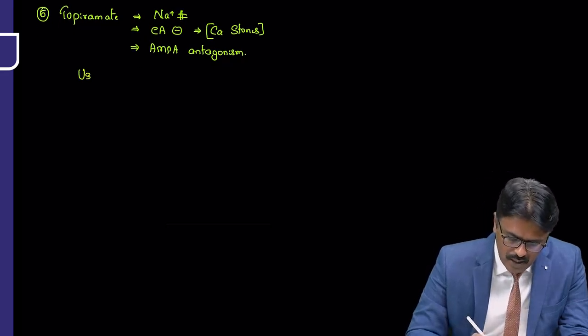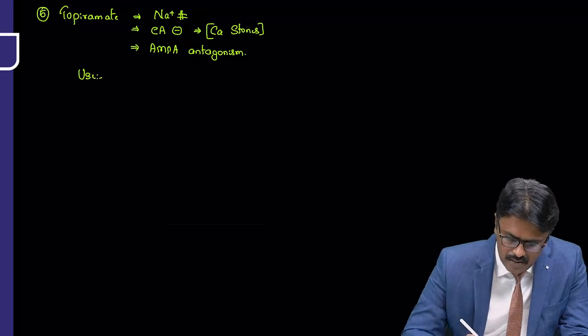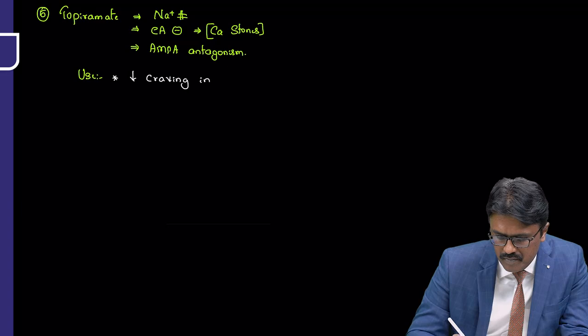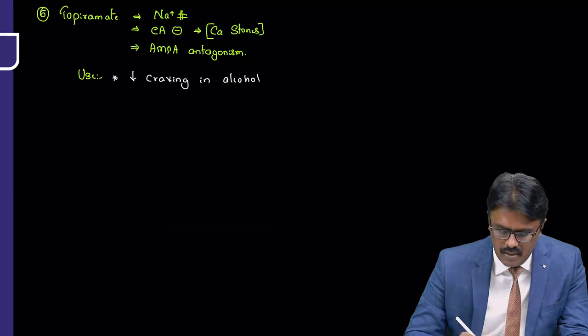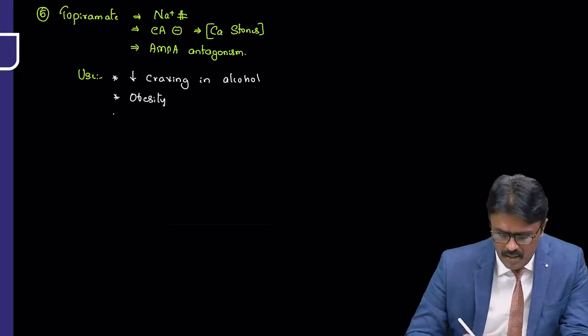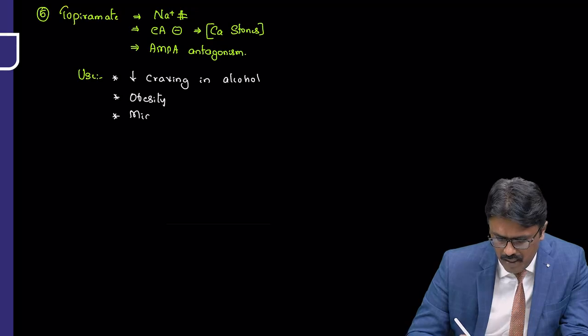Where do I use this drug? The drug has other utility to decrease craving in alcoholics. Very good. It is used in management of obesity. It is also used in the management of migraine prophylaxis.